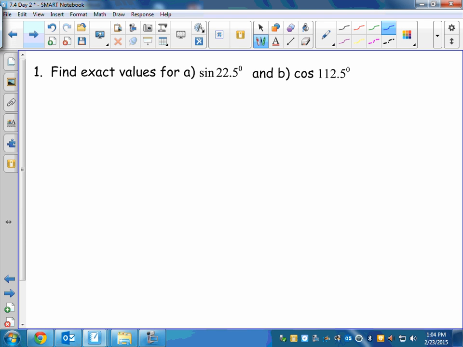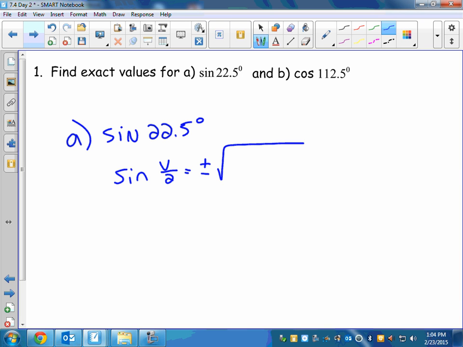Find the exact values for sine of 22.5 degrees and cosine of 112.5 degrees. The idea is, sine of 22.5 degrees, think about the formula I just gave you. Sine of v over 2 equals plus or minus the square root of 1 minus cosine v over 2.